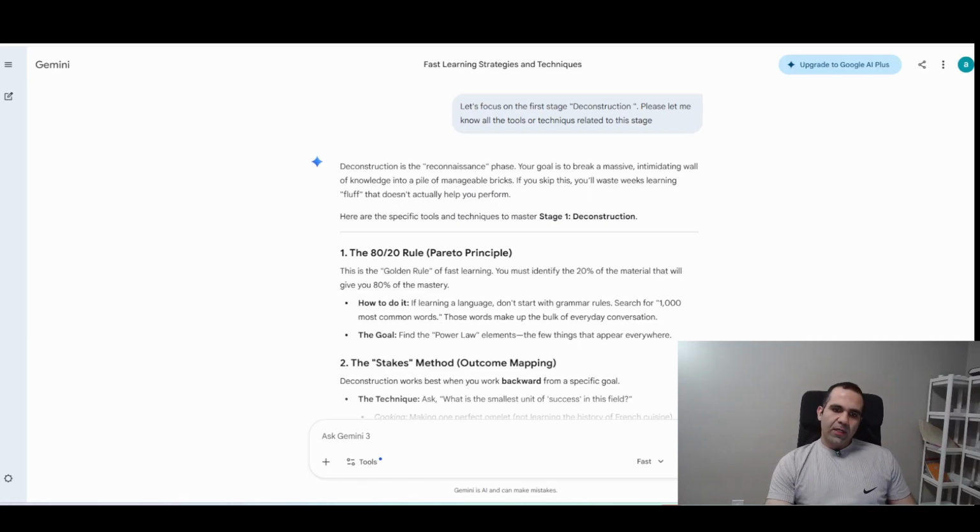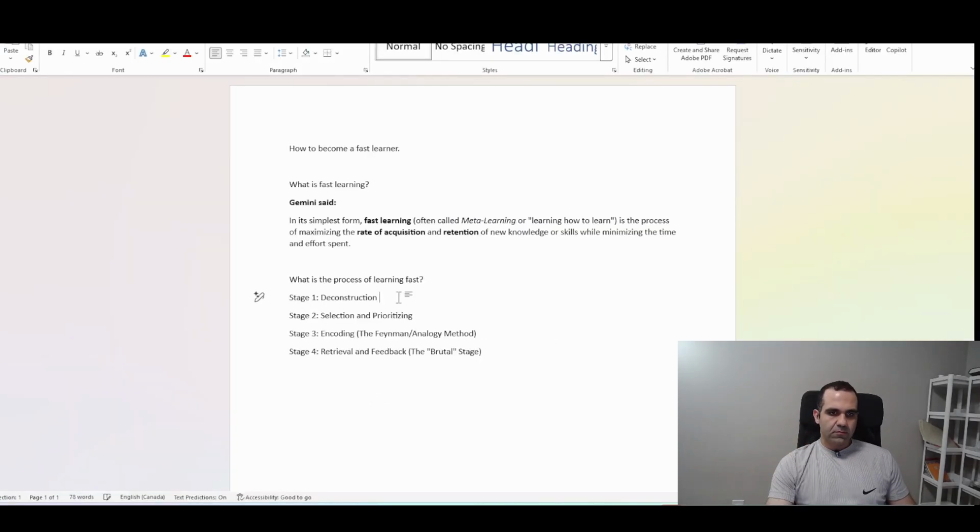If learning a language, don't start with grammar rules. Search for the 1000 most common words. Those words make up the bulk of everyday conversation. Focus on the 20% of the topic that covers 80% of the result. It's fantastic.